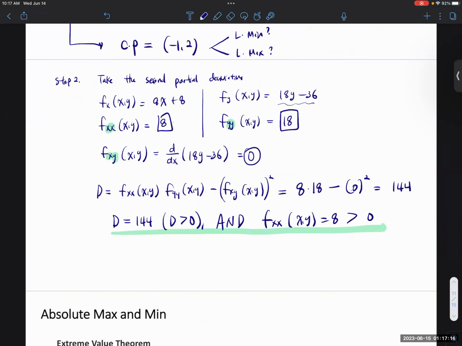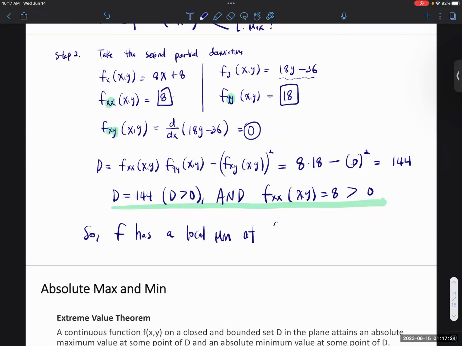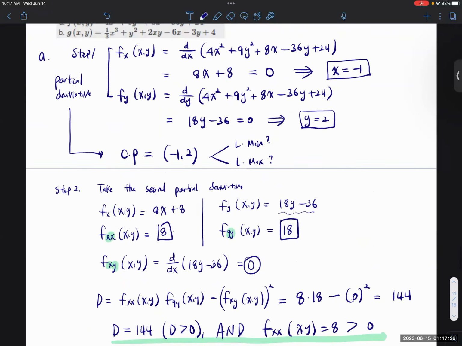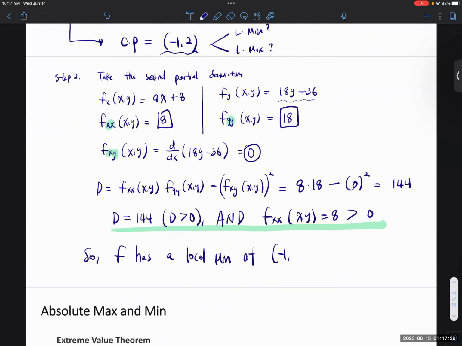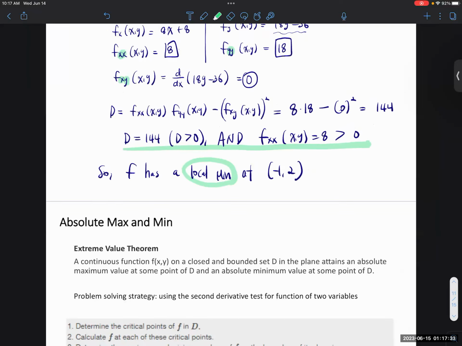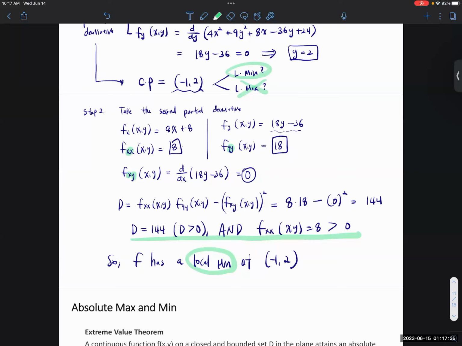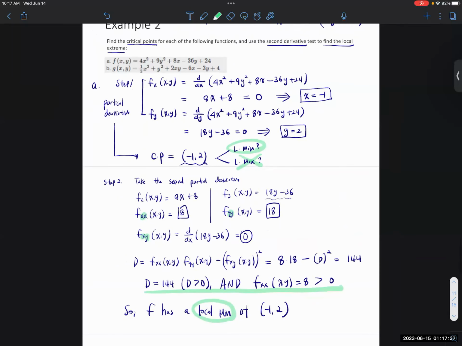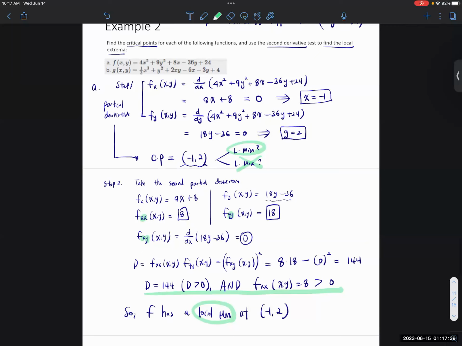So we have, so f has a local min, where? At negative 1 comma 2, at the critical point. So this is determined as a local min. So that's how you find specifically whether that critical point is going to give you a local max or local min.